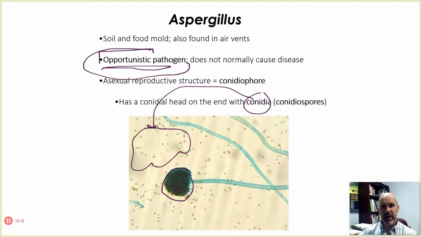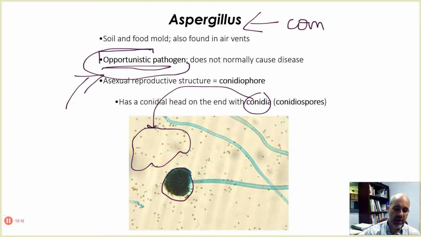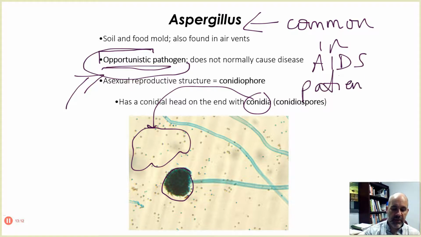So a good example of that would be if you had weakened immunity for some reason. Aspergillus infections are common in AIDS patients. AIDS patients are infected with HIV. HIV has weakened their immune systems dramatically, and when that happens, you start getting infected with things that ordinarily you don't get infected with.